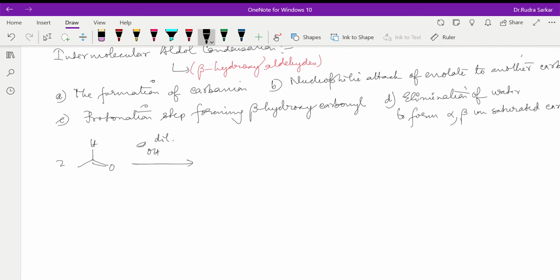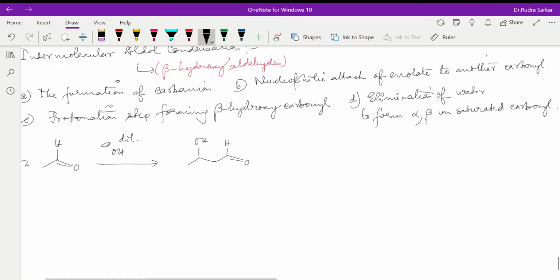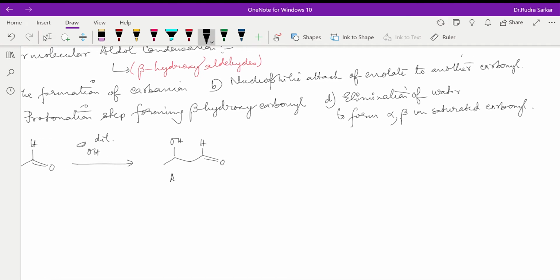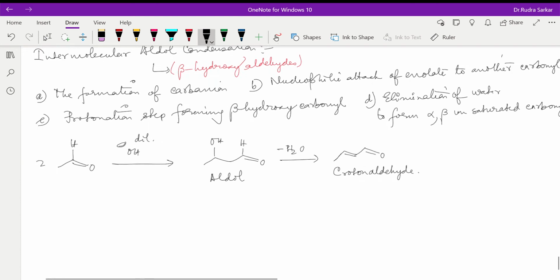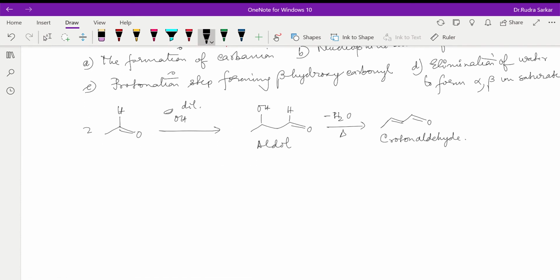Then two such molecules of this will combine to form this, your aldol, which undergoes elimination of water to form crotonaldehyde. Okay, and obviously this is in presence of heat. Now, mechanistically, this is what happens.